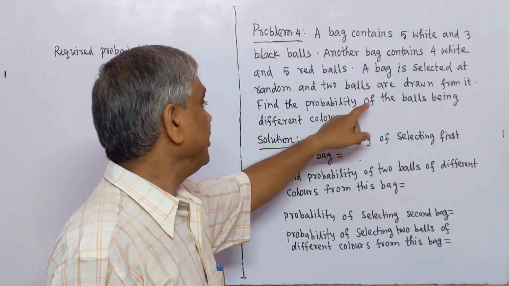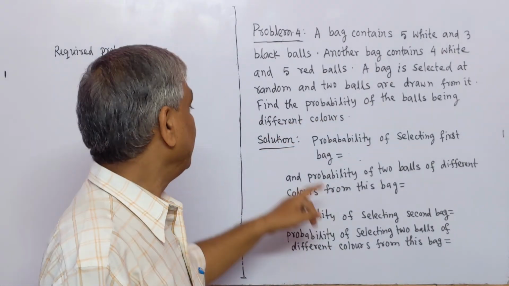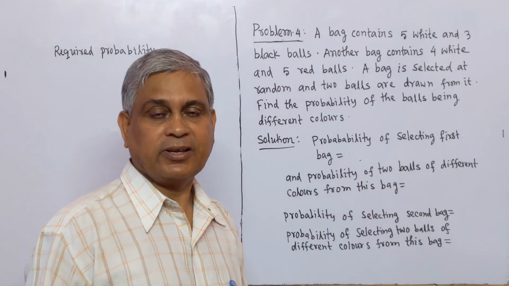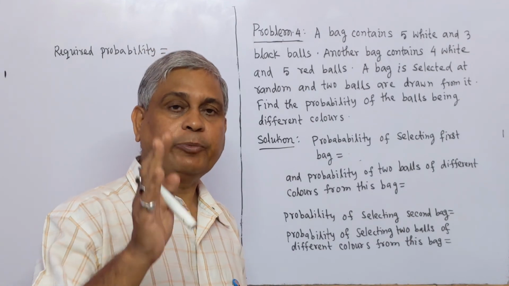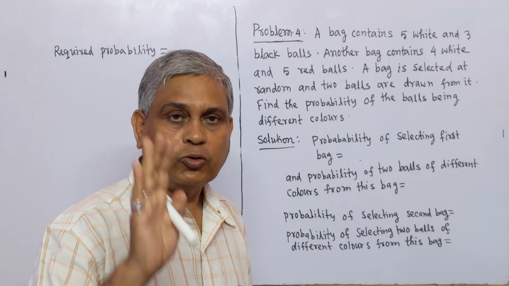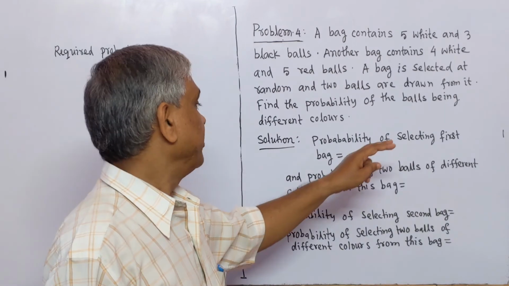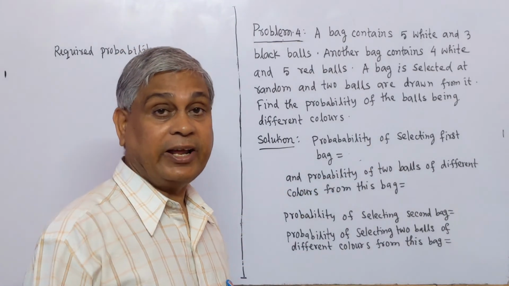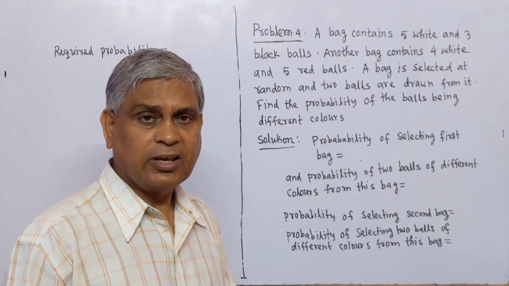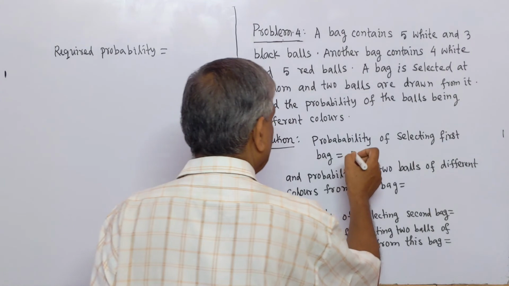Find the probability of the balls being different color. Here we have 2 bags. Firstly, we have to select one of the bags. So probability for selecting first bag will be half. We have 2 bags, so this probability is half.